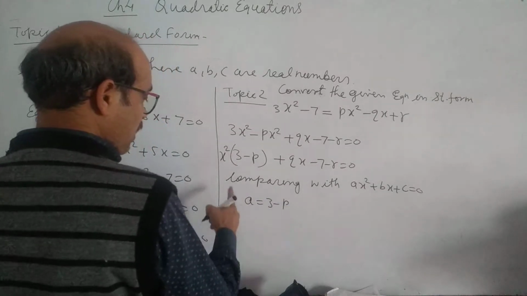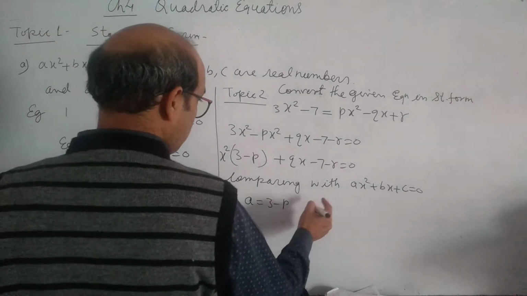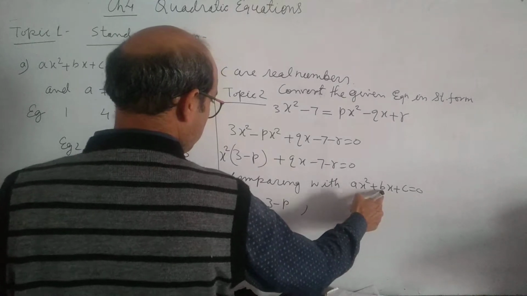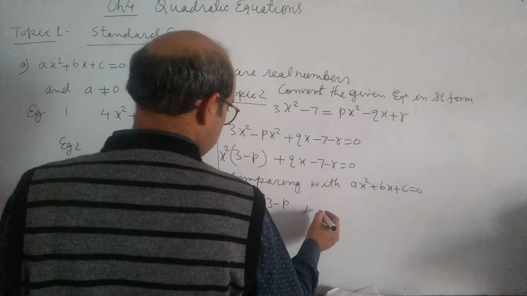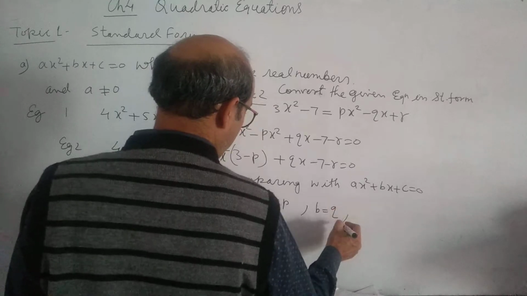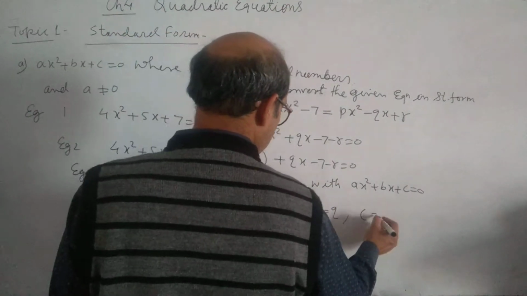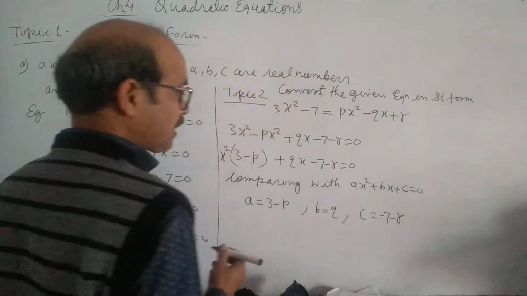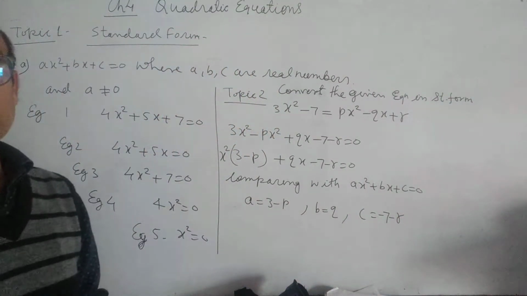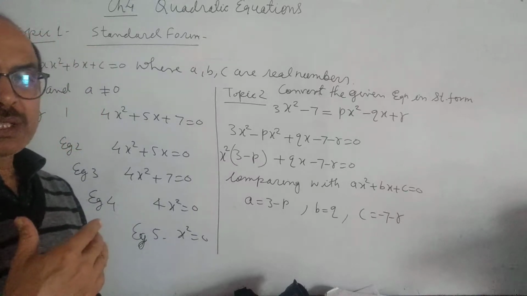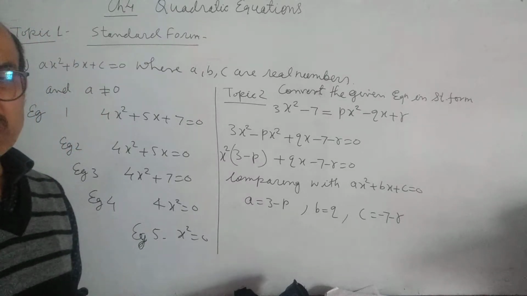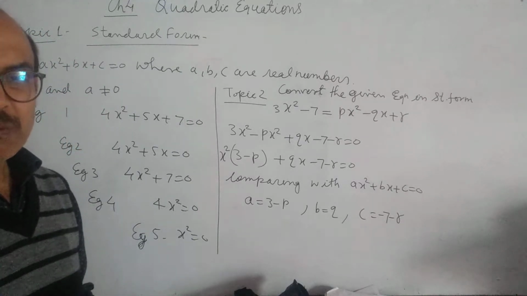Don't write x square or x here. Similarly, the coefficient of x is b, here the coefficient of x is q, so b equal to q. And here all the terms which are without x will be c. So c equal to minus 7 and minus r. So this is the way to convert the given equation into quadratic equation form and find the values of a, b, c.